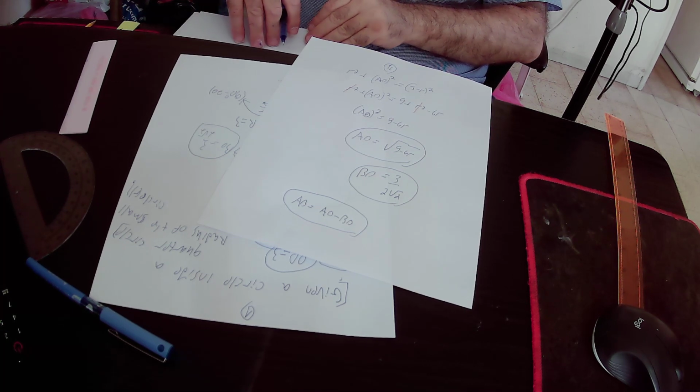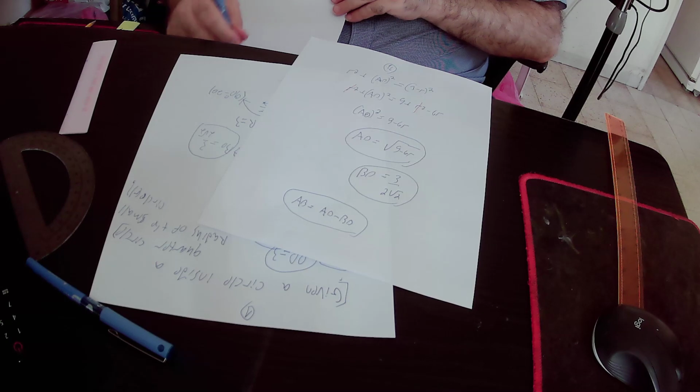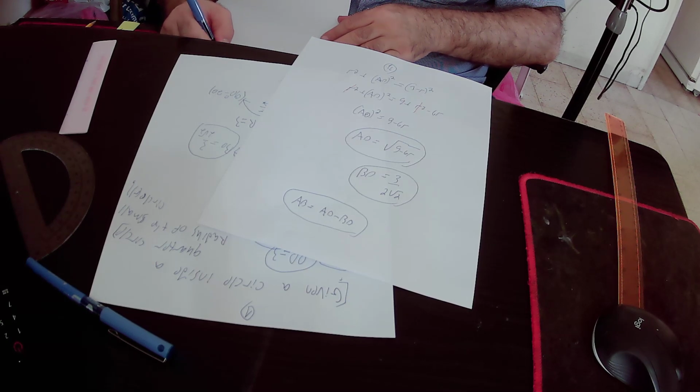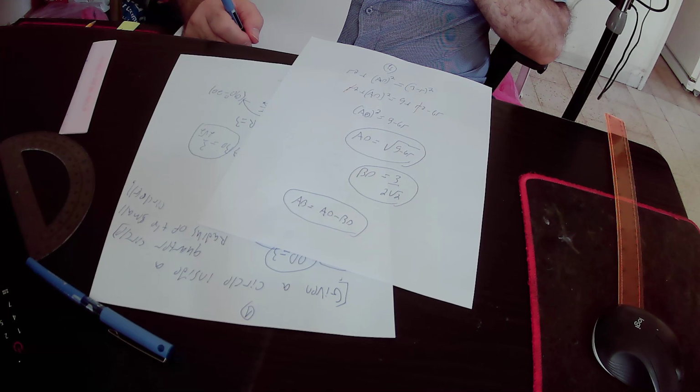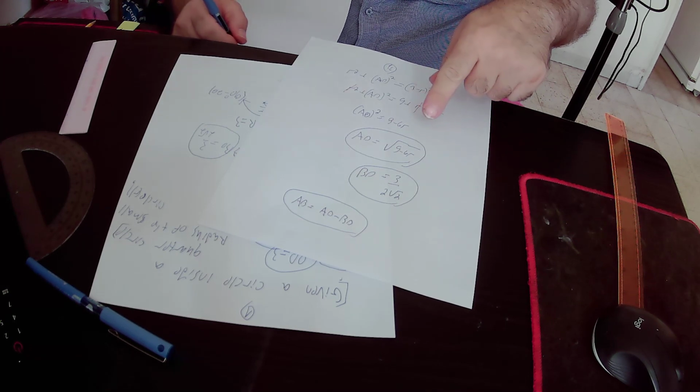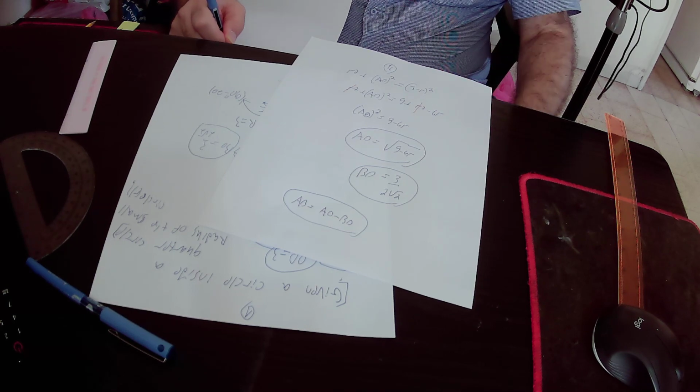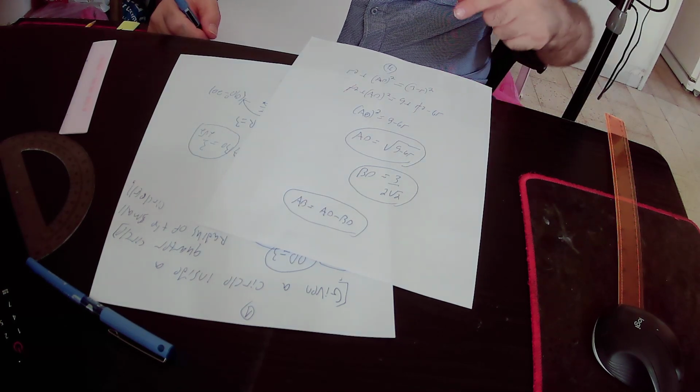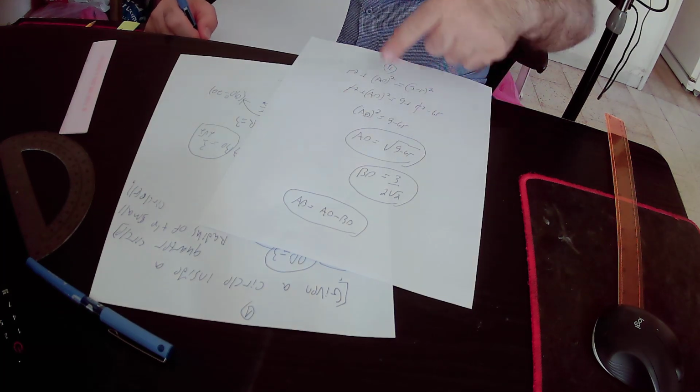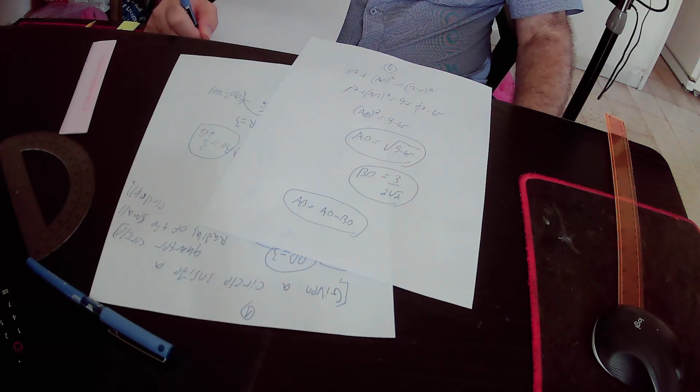So actually AB equals AO. AO is the root of 9 minus 6R, minus BO. BO is 3 over 2 times root 2.